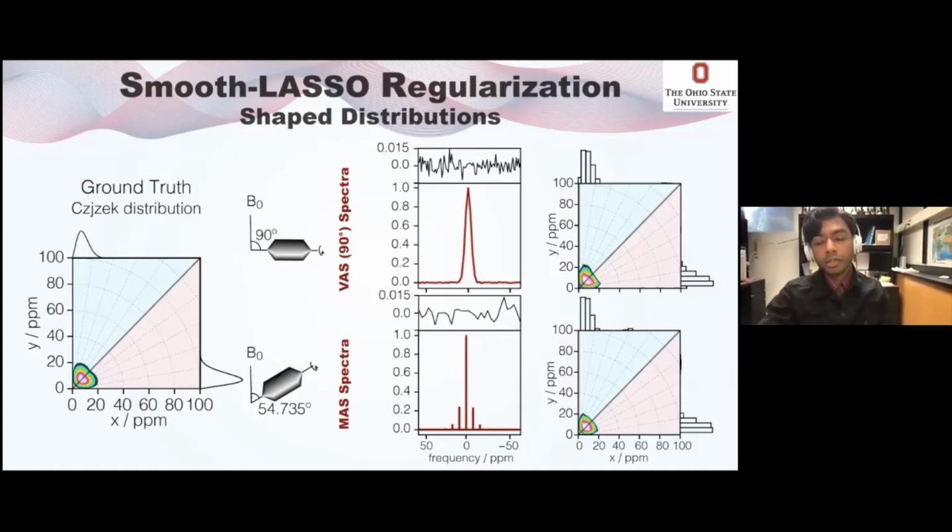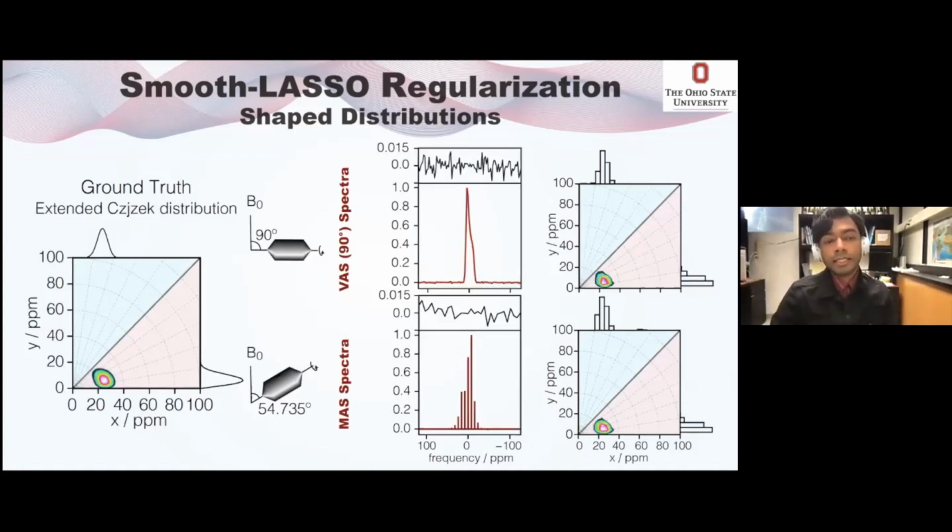On the right is the inversion of these, which gives a heart-like shape for the Czjzek distribution. The other kind of distribution that's commonly in use is the extended Czjzek distribution, which is similarly done for 90° and magic angles, and results in an exact and proper inversion.